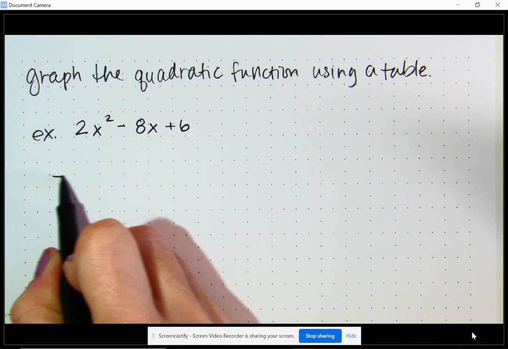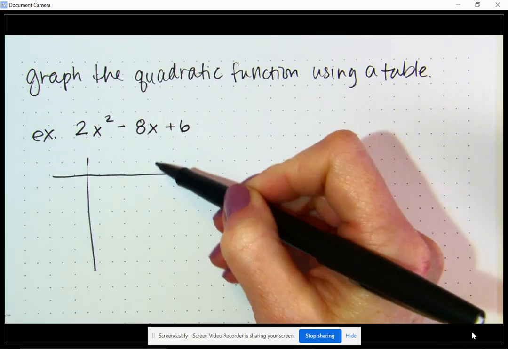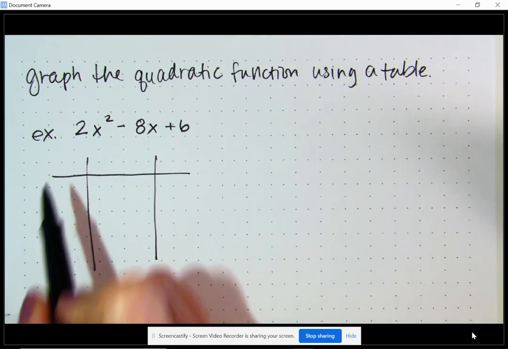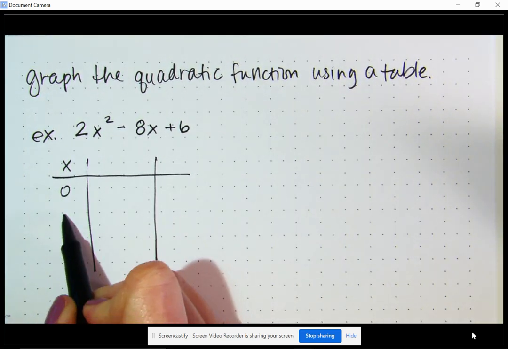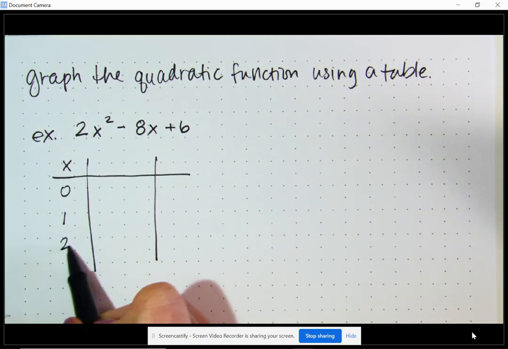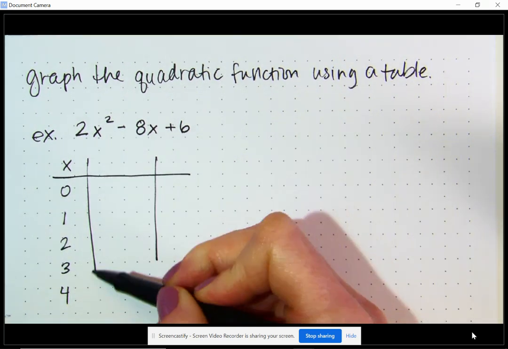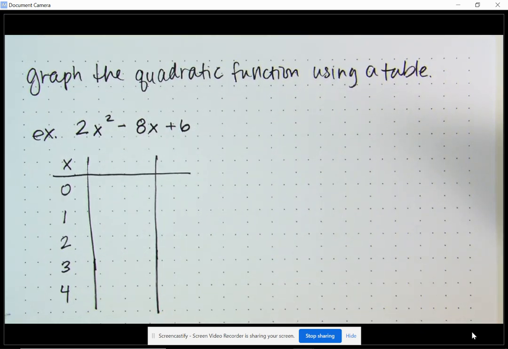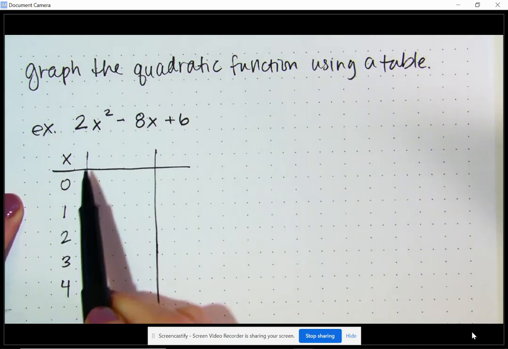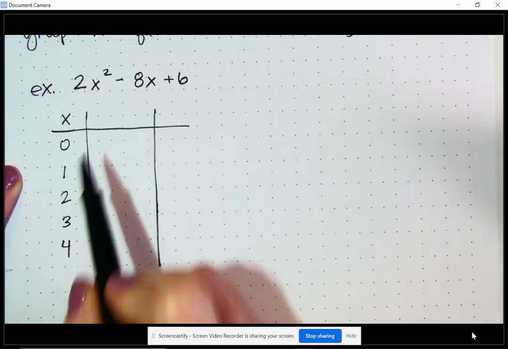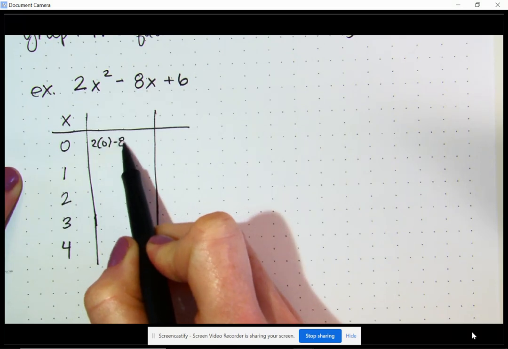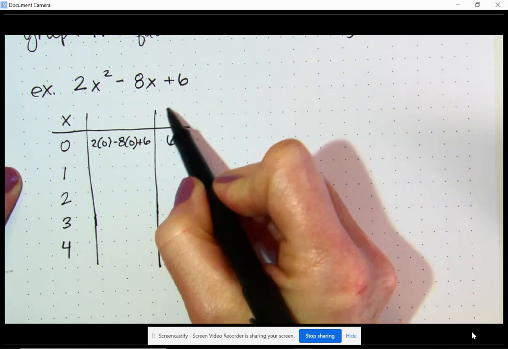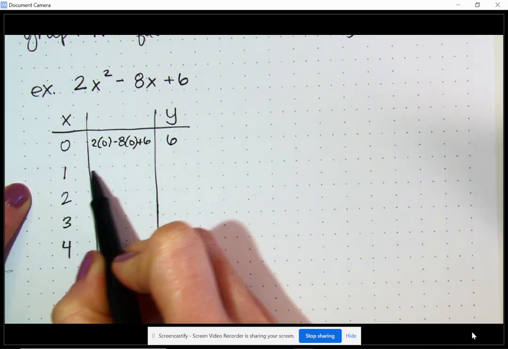So we're going to make a table. And I'm going to give you the x's to pick: 0, 1, 2, 3, and 4. And we're just going to substitute, right? So anywhere that I see an x, I'm going to replace it with a 0. And I get 6. So go ahead and keep working on the table.